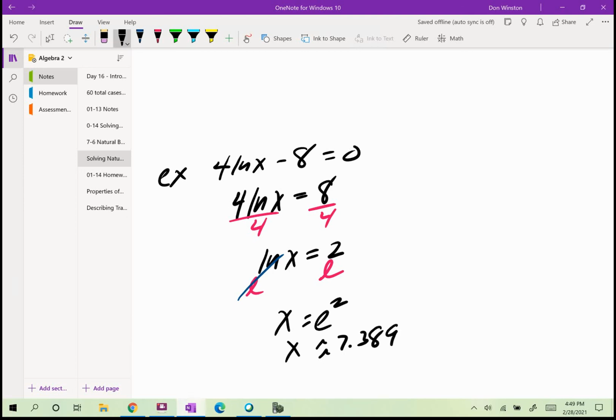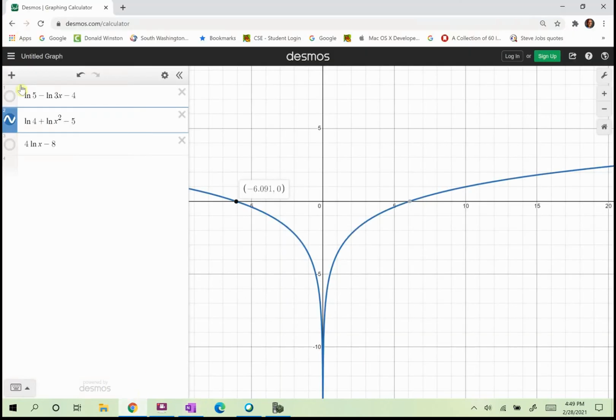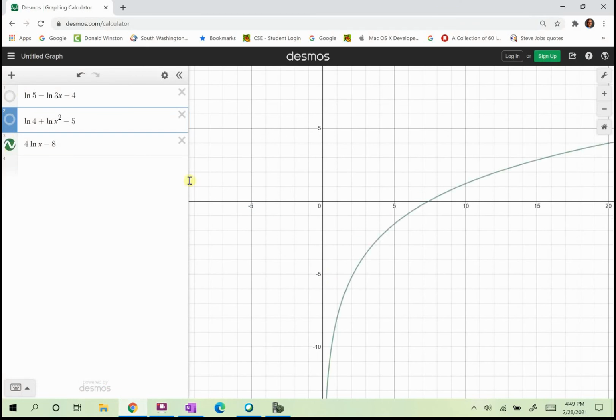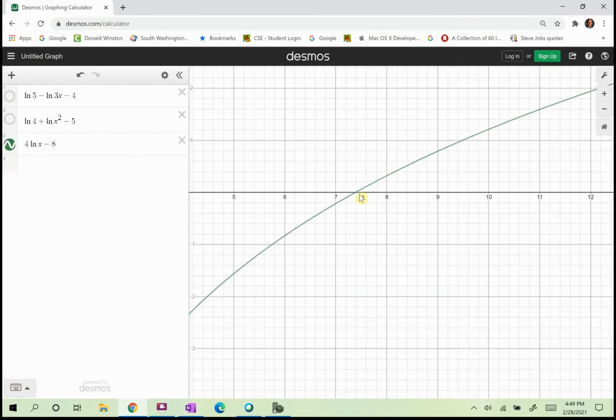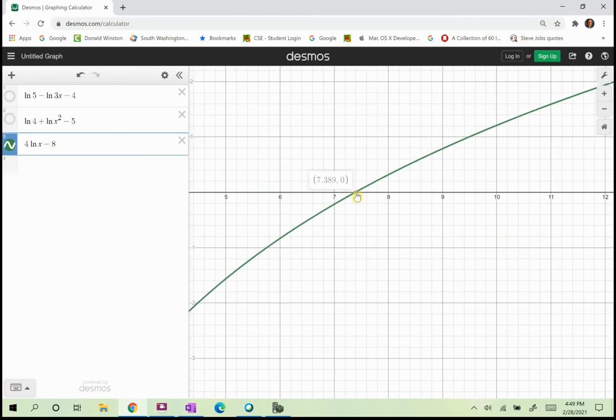And again, I can graph that on Desmos just like it is. So y is equal to 4 natural log of x minus 8, and I'll be looking for the zeros. I should see 7.389. So let's take a look. Yeah, there we go, 7.389.